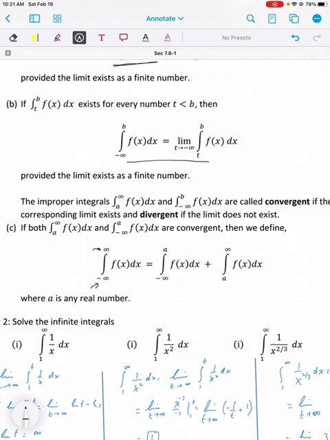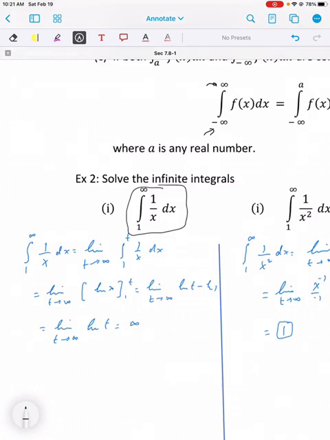Then you will solve the integral. In this case it is ln of x, limits from 1 to t, and then limit as t goes to infinity of ln t minus ln 1, but ln 1 is 0, so we are left with ln t, and outside the limit as t goes to infinity.